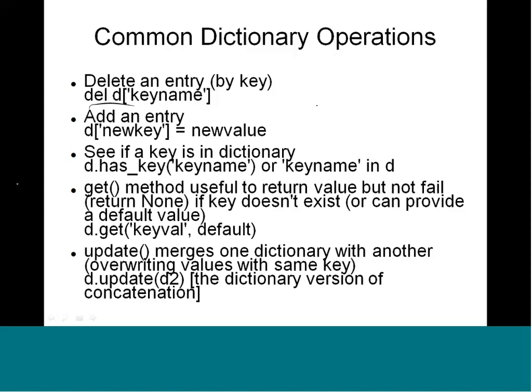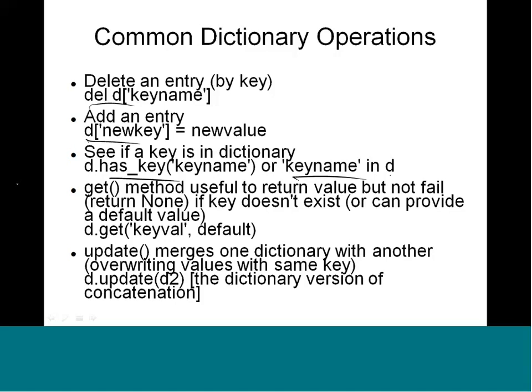If you want to add an entry, we just say the new key is the new value. If you want to find out if a particular key is in the dictionary, we can use the has_key function, or key name in D.